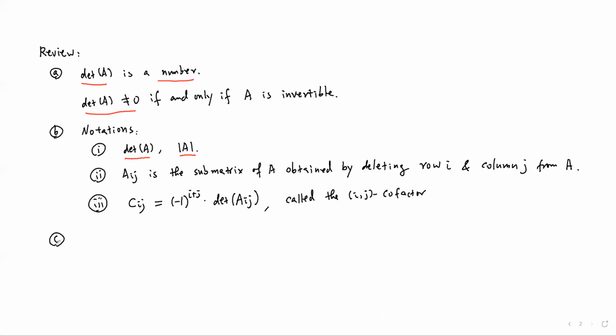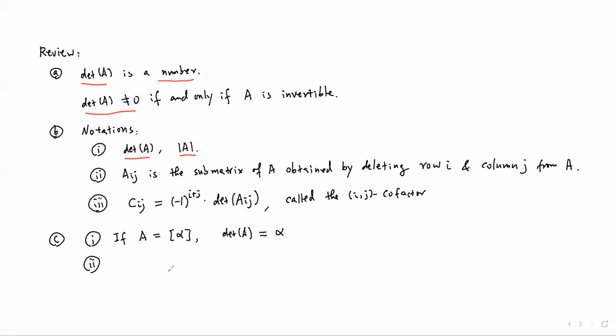In the last class, we learned one formula to compute a determinant. Case one. If matrix A is 1 by 1, say the matrix has only one entry, say the entry is alpha, then the determinant of a 1 by 1 matrix is just the entry alpha.